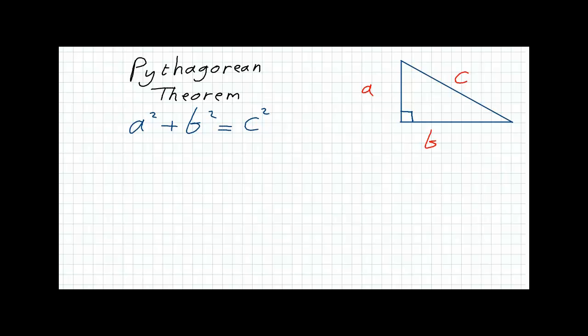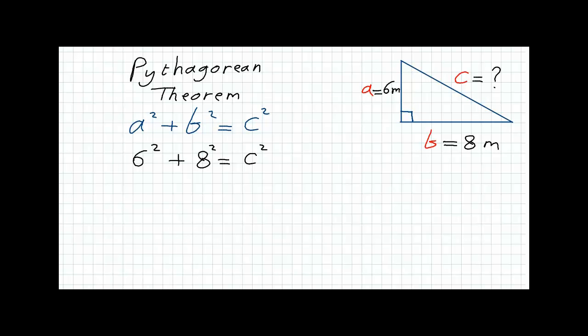So suppose in this triangle here, we have B equals 8 meters and A is equal to 6 meters. Let us find the side C. Substituting in the formula of the Pythagorean theorem, 6 squared plus 8 squared is equal to C squared.